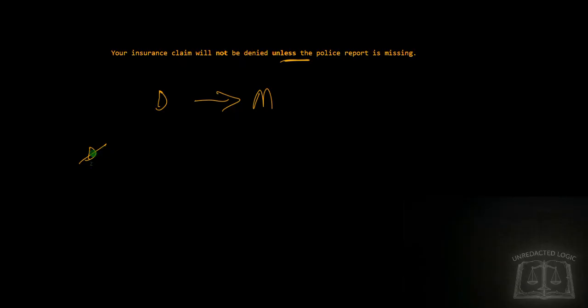Likewise, if the claim is not denied, meaning it's paid, and the police report is not missing, again, the conditional would be considered vacuously true and valid. So if the sufficient condition is false, it doesn't matter what happens with the necessary. It could be true or false. And either way, the conditional would be considered valid.